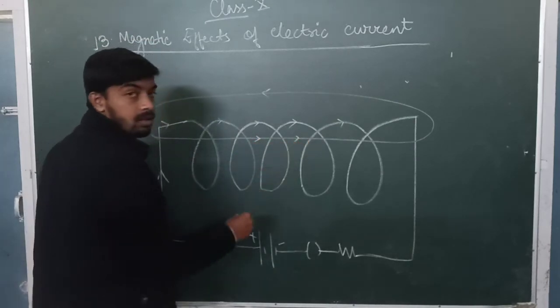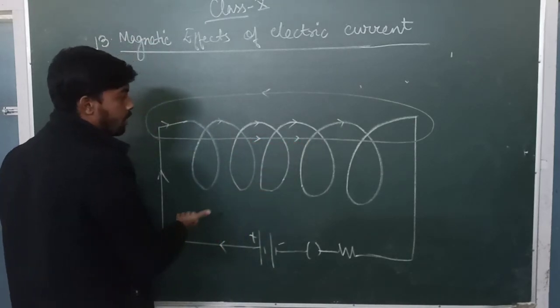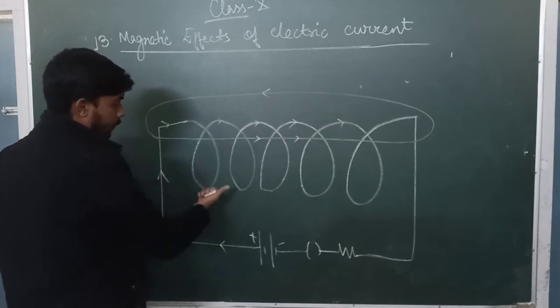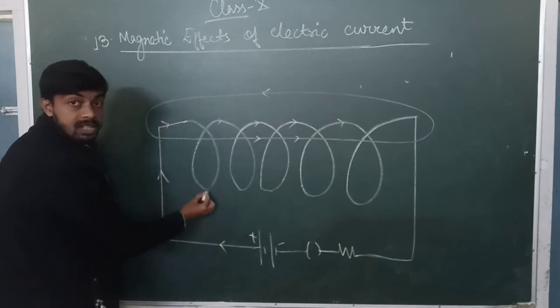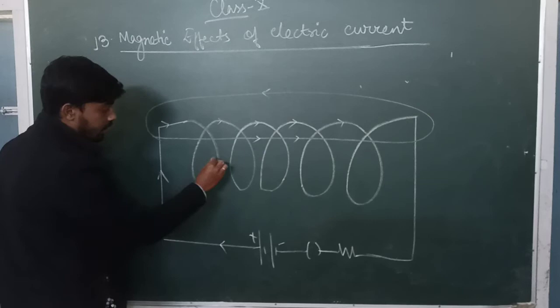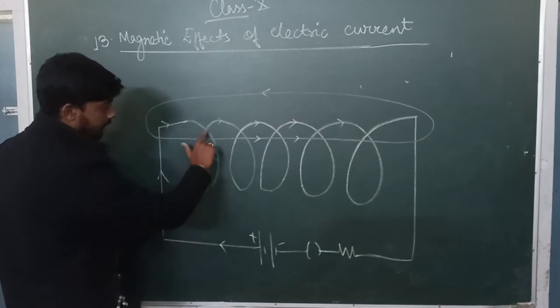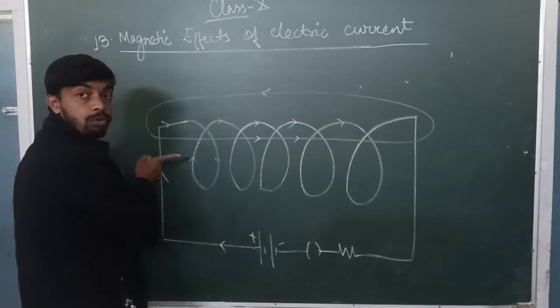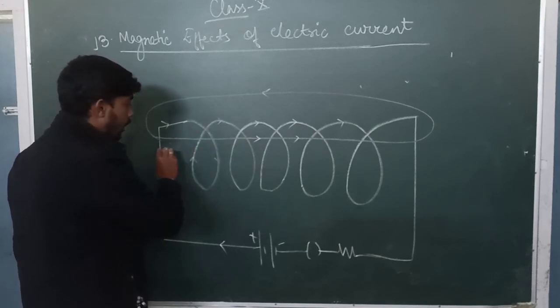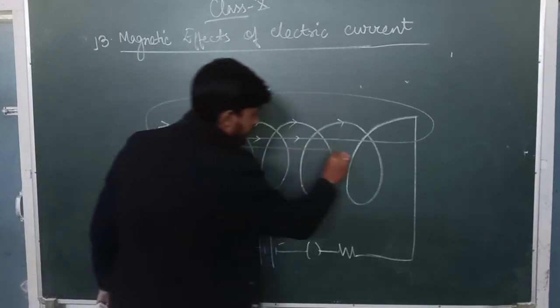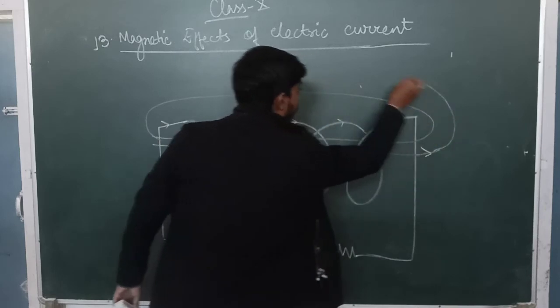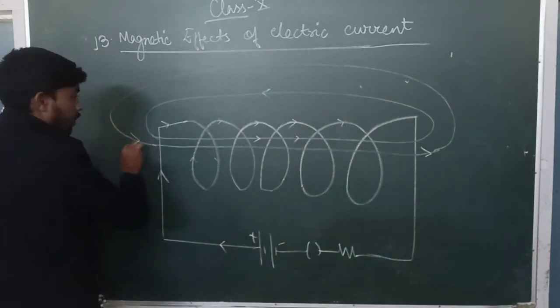Applying the same right hand thumb rule in this part also. If you are looking at this point, for example, the current is coming like this and going like this. So here the field is like this, and at this point the field is like this. According to this, the magnetic field will move through the inside of the coil like this, and will move out and again come back inside the coil.